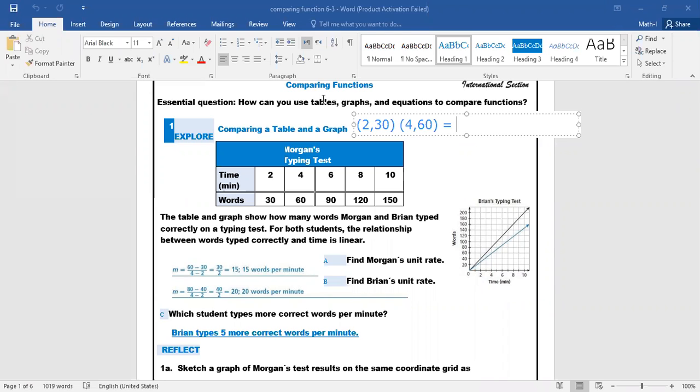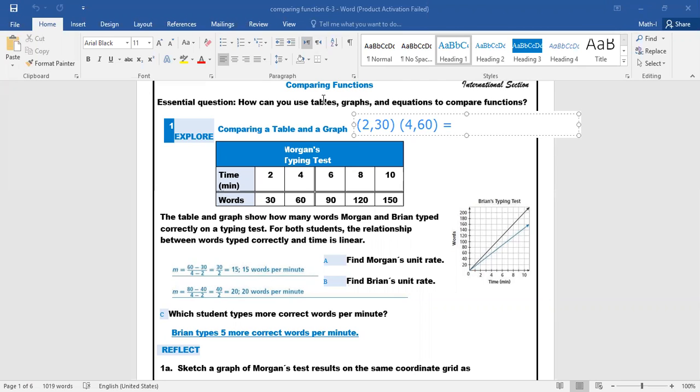Today we want to know how we can compare functions. I have in front of us a table, and we want to calculate Morgan's unit rate. We said the unit rate is the same as the slope. We selected 2 points from the table, 2 and 30, 4 and 60. Then we will calculate the slope.